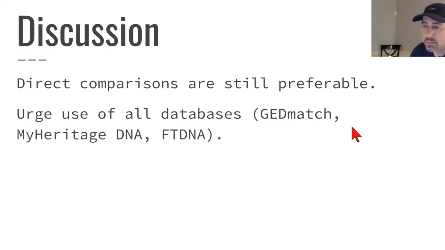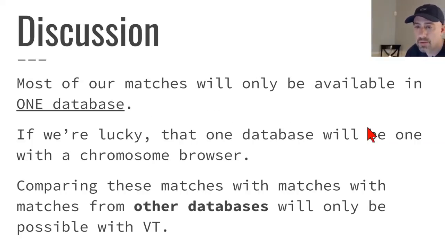We want to make direct comparisons as much as we can, but we do have to confront the fact that many, if not most, of our matches are only going to show up in one database, and if we're lucky, that one database will have a chromosome browser.